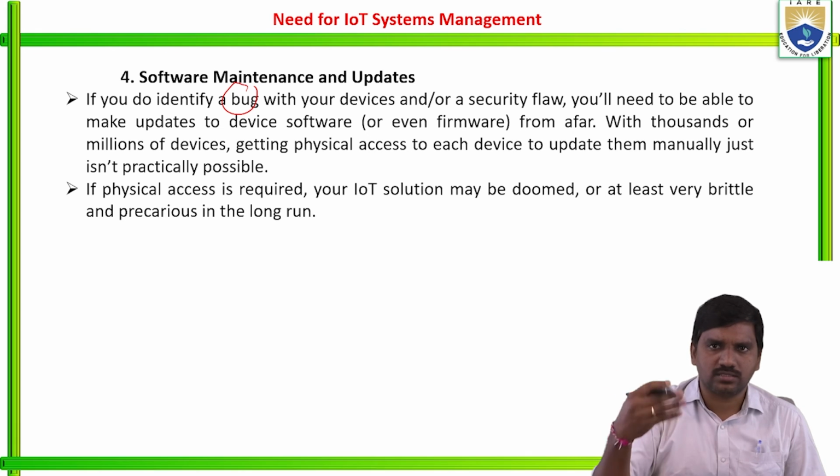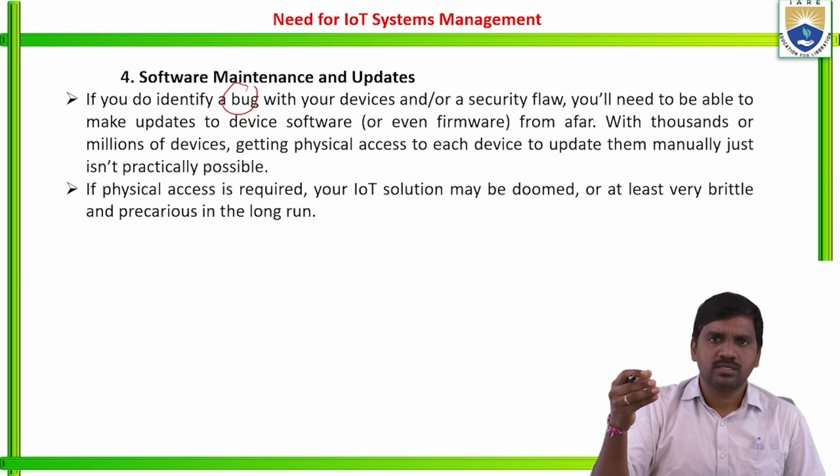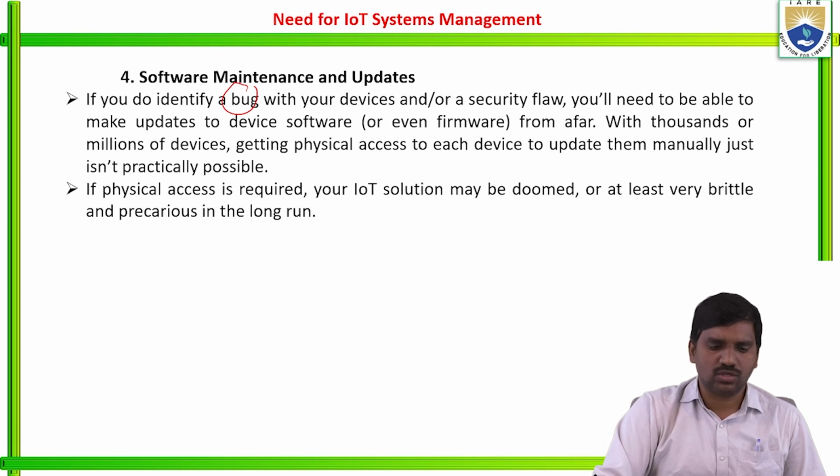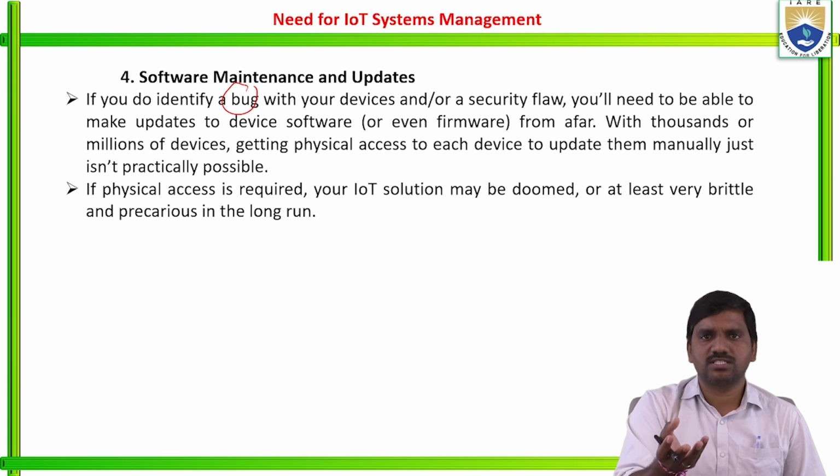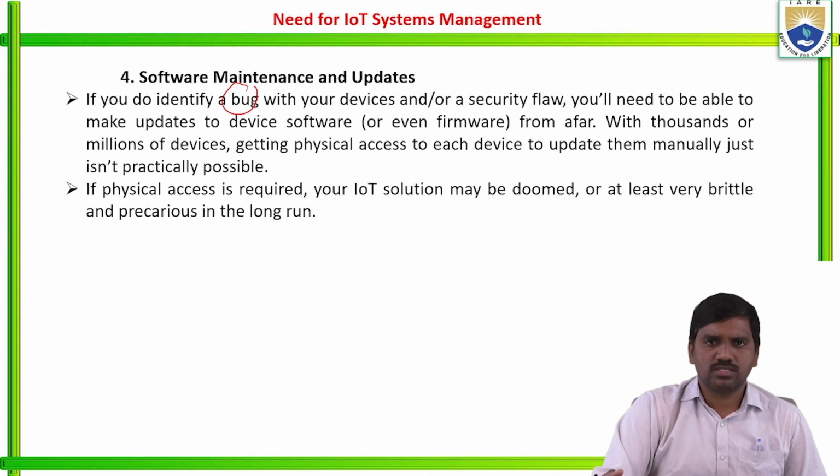So the system can automatically update the software across thousands or millions of devices. Otherwise, the bugs accumulate and the system performance gets very slow. So that is the process.